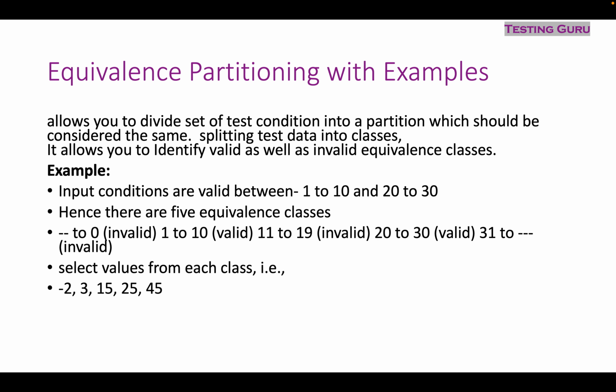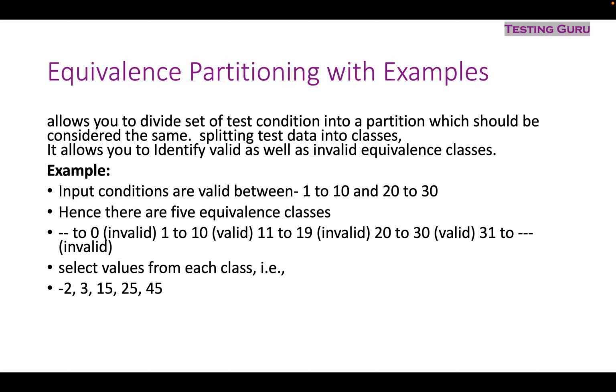Anything negative or 0 should not be allowed, so that comes under invalid. We also have to consider 1 to 10 because that is a valid condition, and also we should check 11 to 19, which is again invalid because the given conditions are 1 to 10 and 20 to 30.